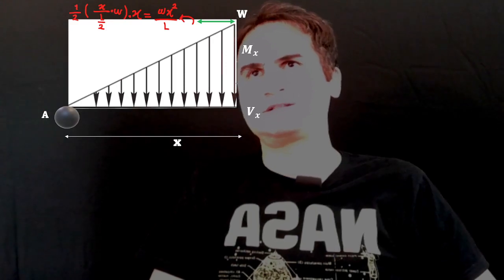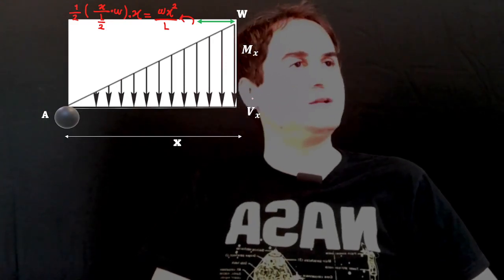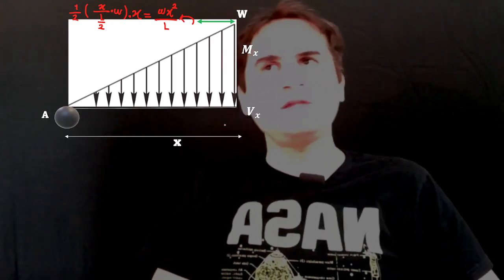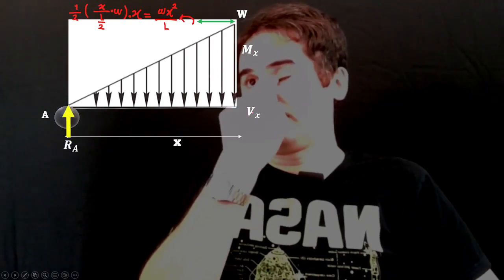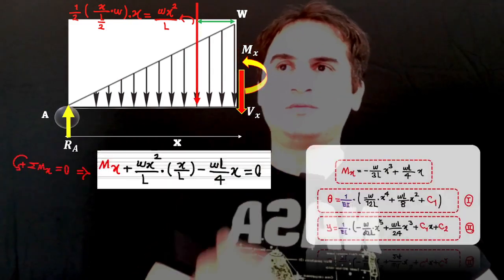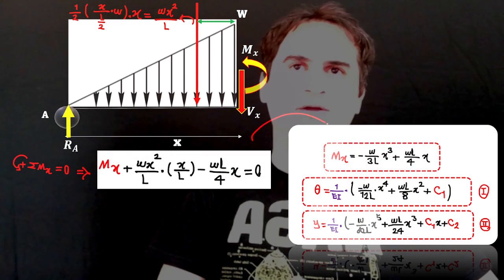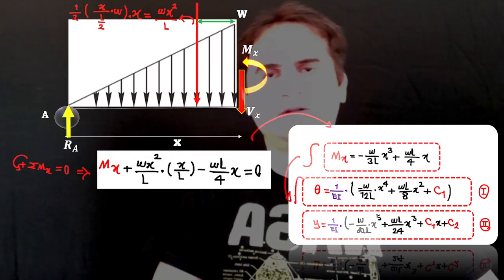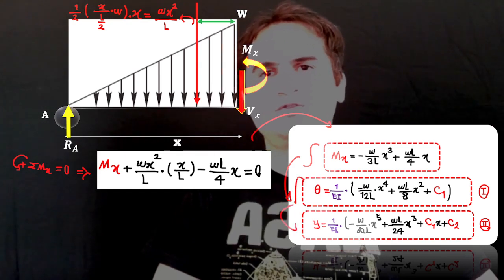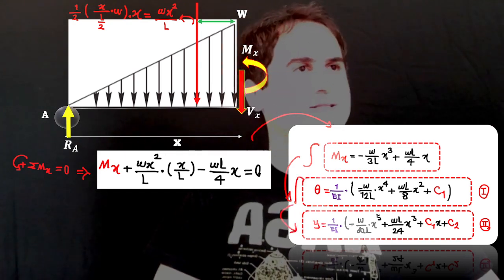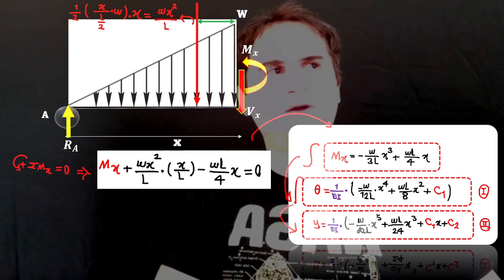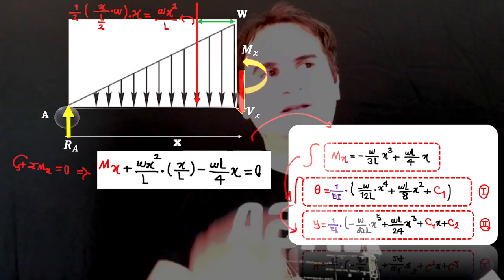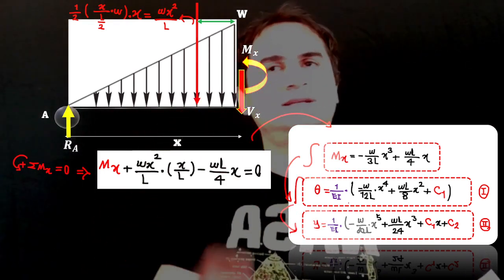Now we can develop the moment equation. By integrating the moment equation you get theta, and by integrating the theta equation you get delta. Applying the boundary conditions, we can easily get the delta maximum.